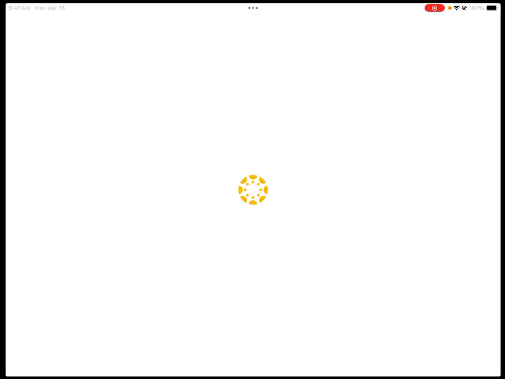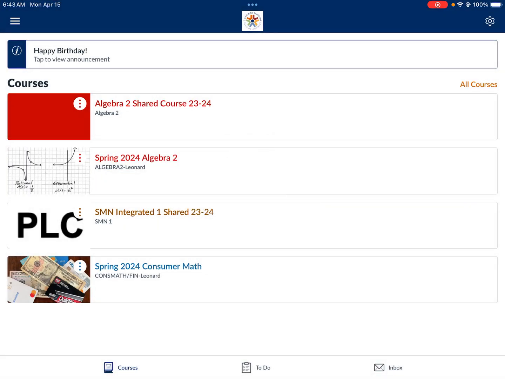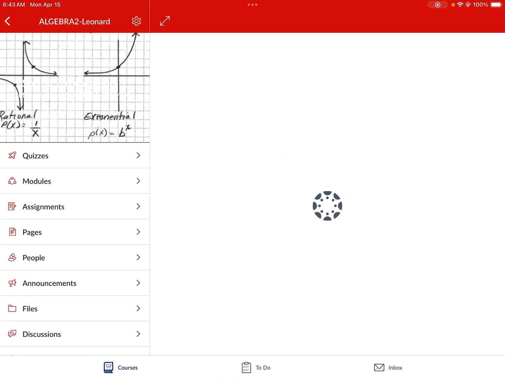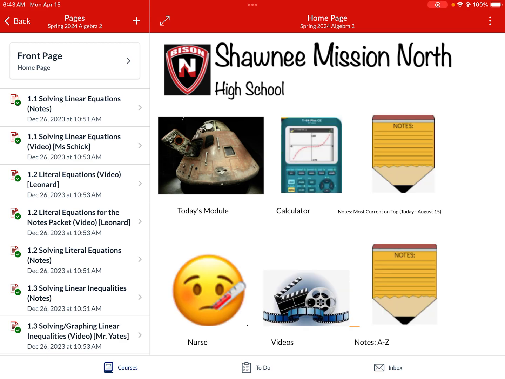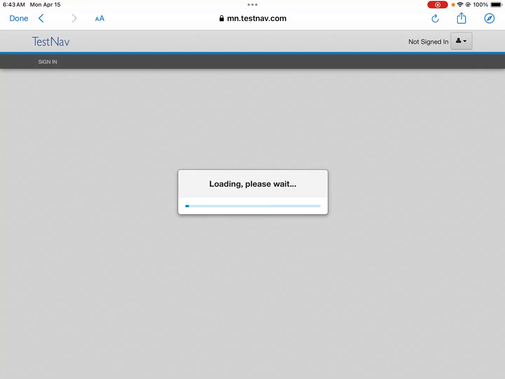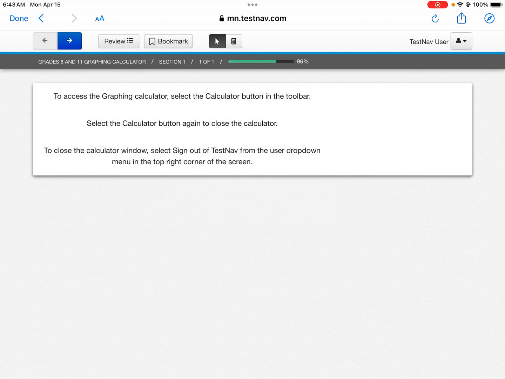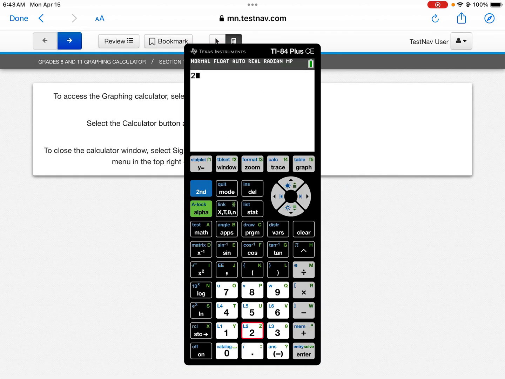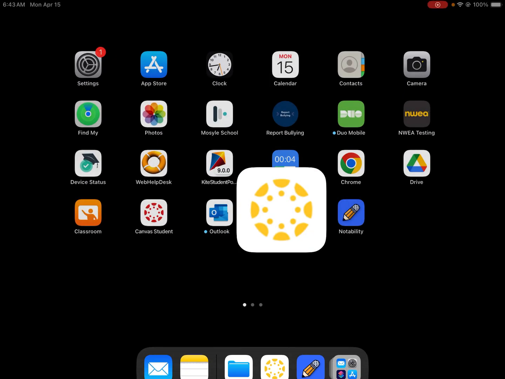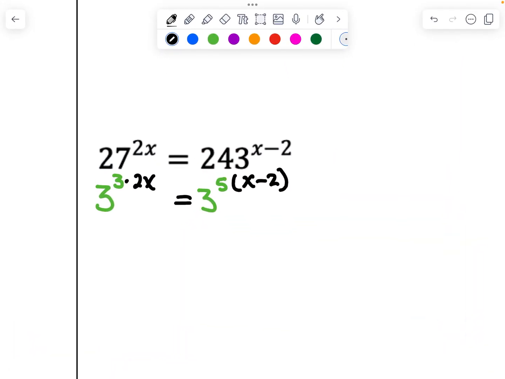Let's see, 243. Three to the fifth power is 243, yep. So now what we're going to have is 6x equals 5x minus 10. So x is going to equal negative 10.